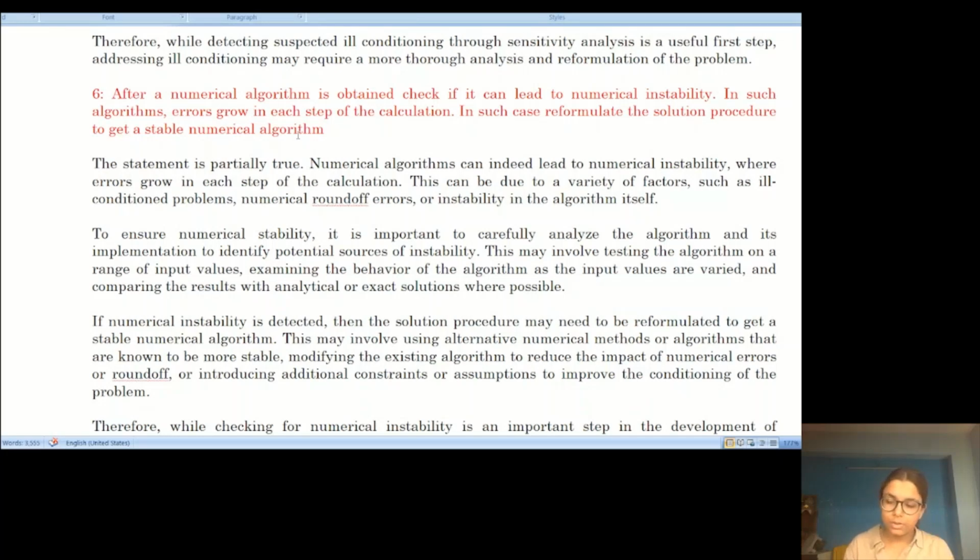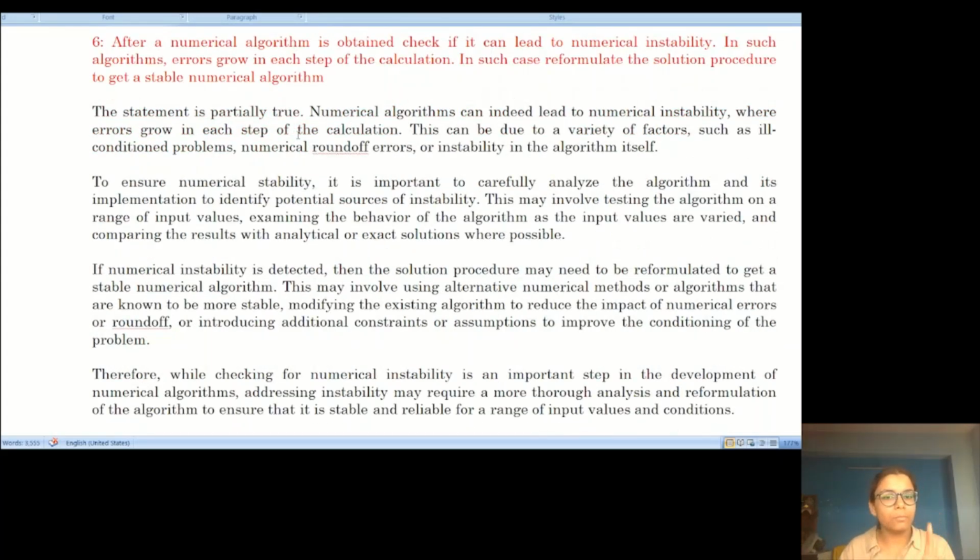And to do this, you just have to test the algorithm on different ranges of inputs and check the behavior, and that's how you would check for numerical stability.